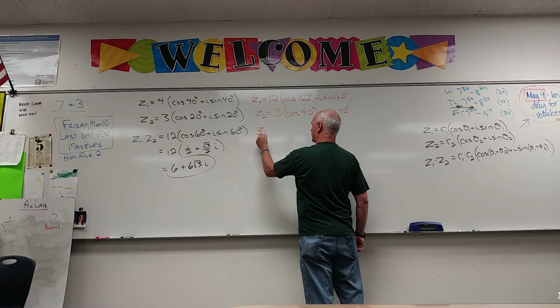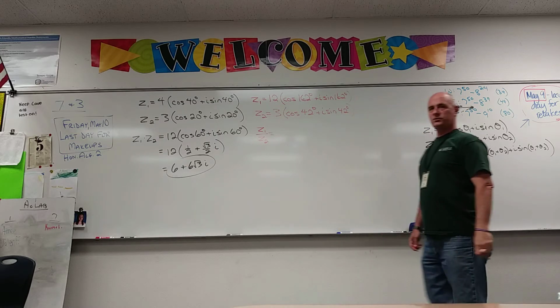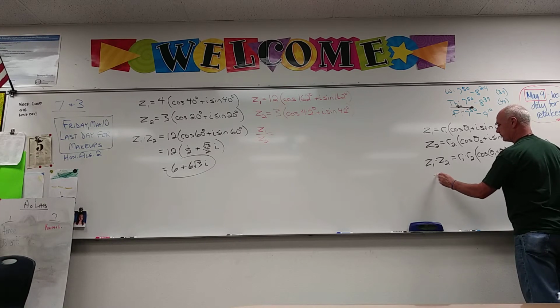Matt thinks that they're going to ask us to do z1 divided by z2, which is exactly what they'll ask us to do. Now, I feel very strongly that knowing what you have learned in the last 5 minutes, you could give me the formula for z1 over z2.